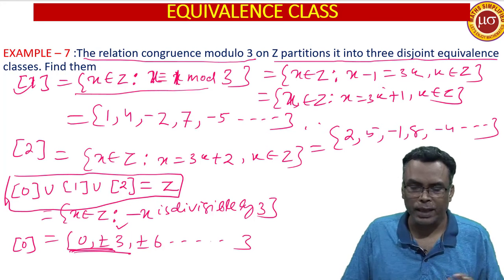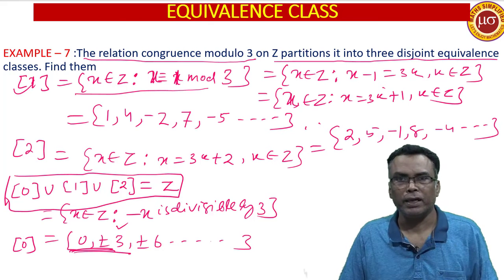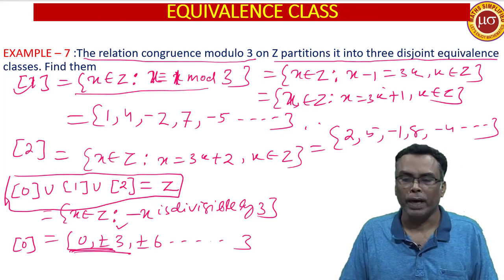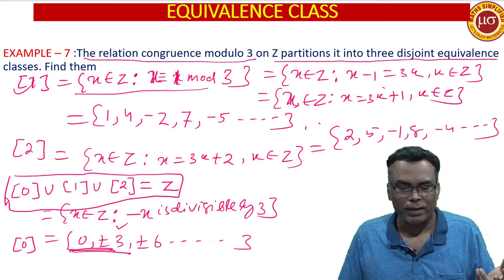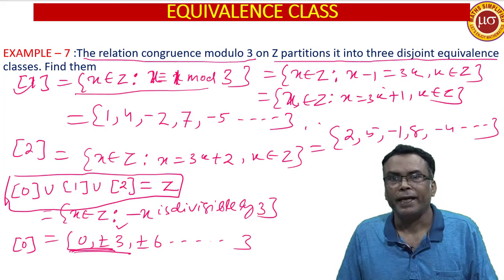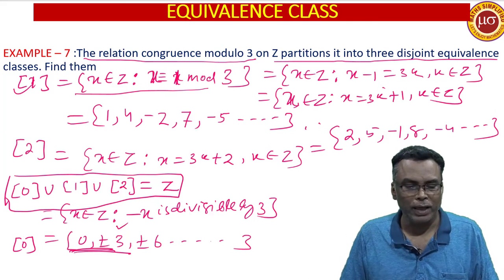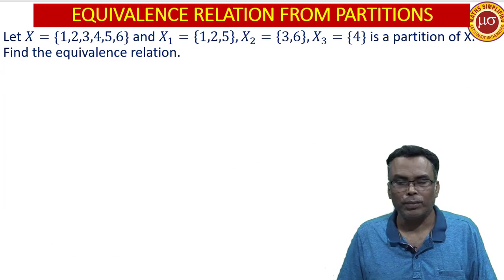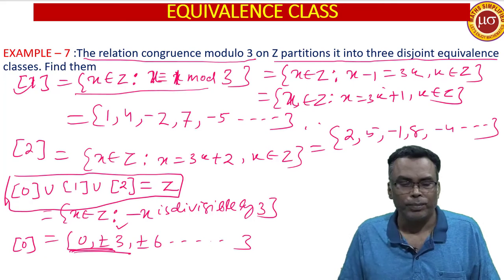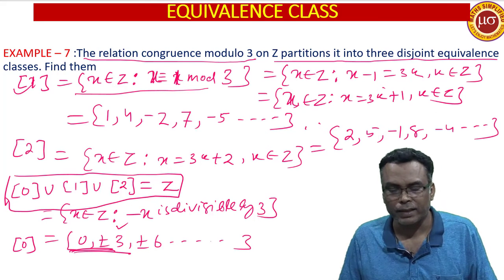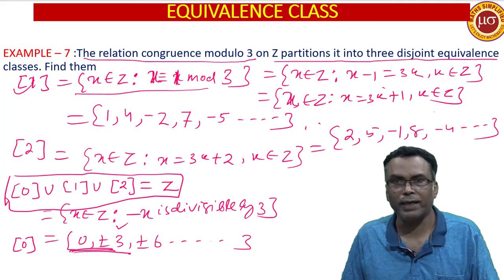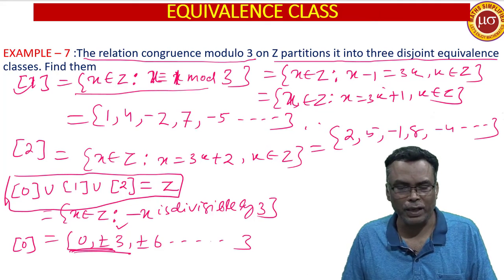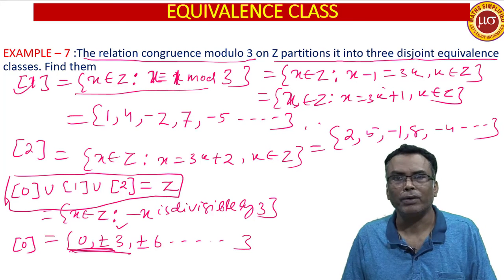No, there is nothing common. Their union is the whole of Z. That means they form a partition of the set Z. So the equivalence classes make a partition of the set. This is all about the equivalence classes.